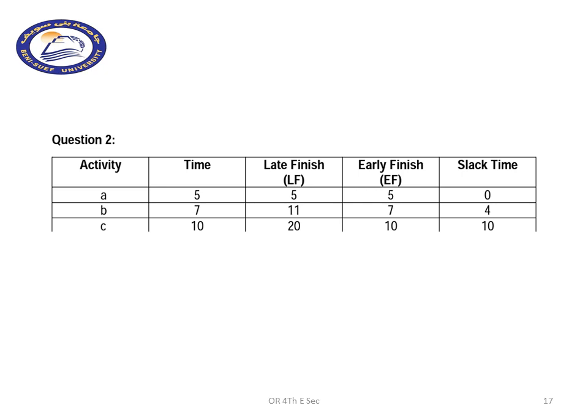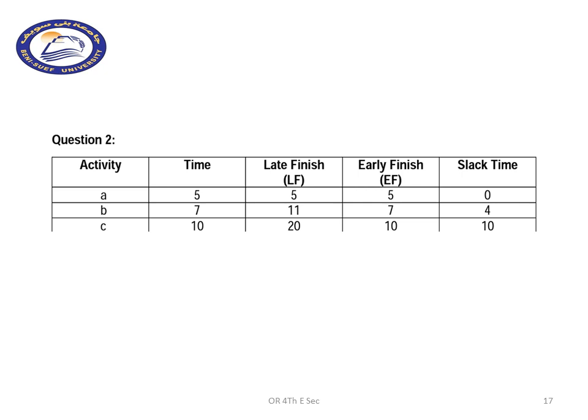So for activity B, the late finish is 11. You can find this 11 for activity B at the circle that is drawn for activity 3. Sorry, not 3. And the early finishing time is 7, that is 0 plus 7. And the slack time here is 4.